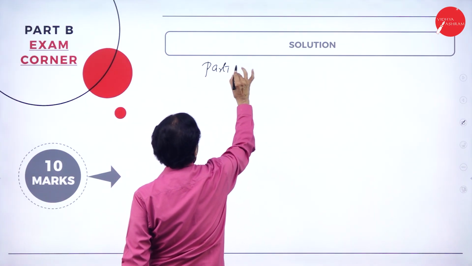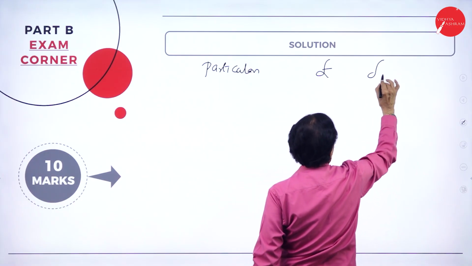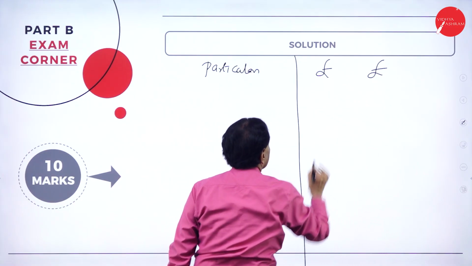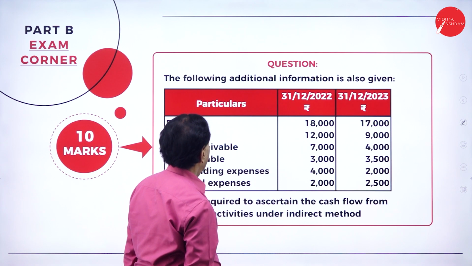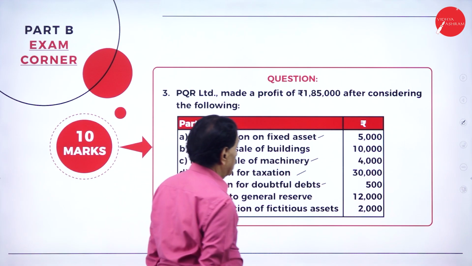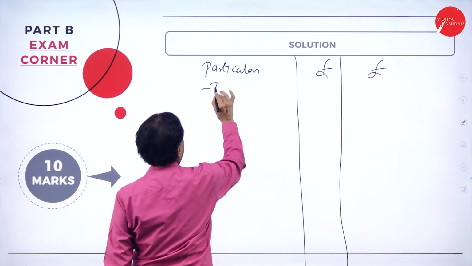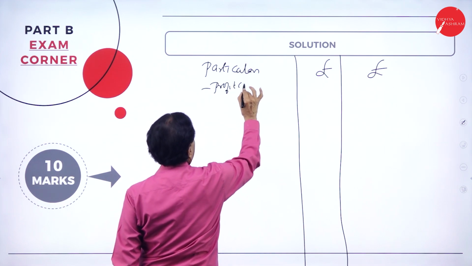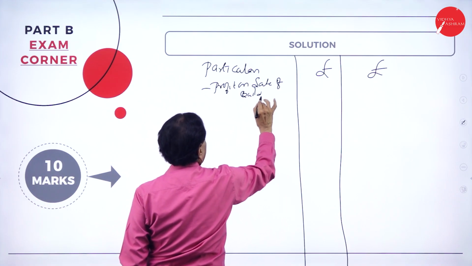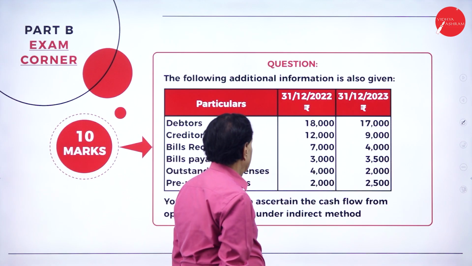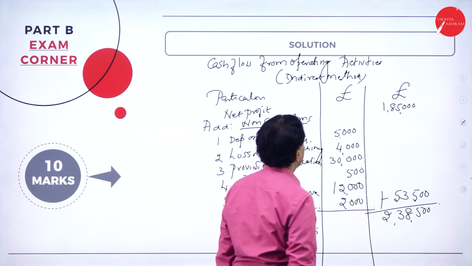Next, particulars, rupees, then 2,38,500. Minus profit on sale of building, 10,000.